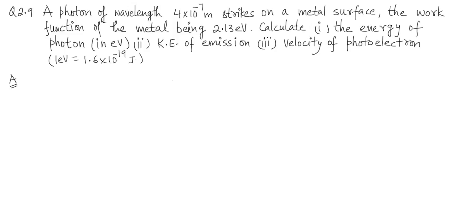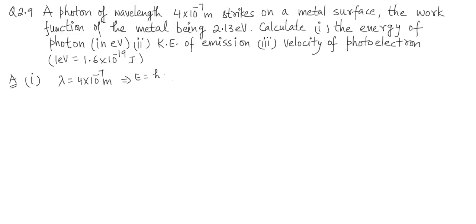Okay, so the first part, we will be seeing two methods. The first is that you are given the wavelength, that is lambda is given, right? 4 into 10 to the power minus 7 meters. You're supposed to calculate the energy. So this is fairly straightforward.